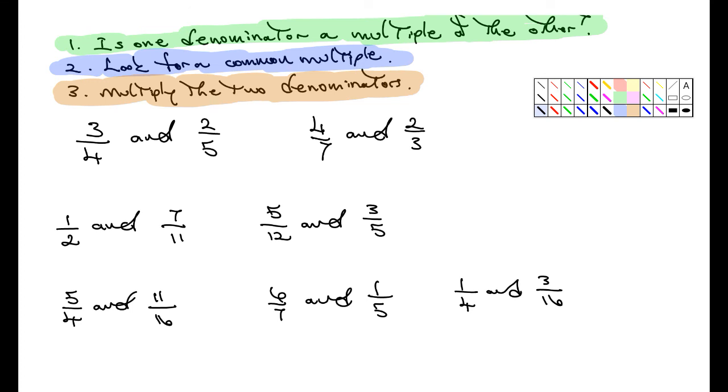So there's your 3 steps in kind of solving these. And some of you can just look right at it and be able to go, oh yeah, I see what'll work. Others may have to work on it a little bit. But there's 1, 2, 3, 4, 5, 6, 7 problems here. I want you to find the common denominator for each one of those. And I will be checking your homework. So let me end this here.